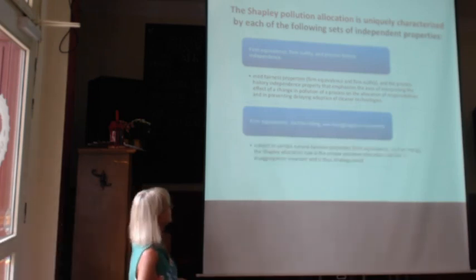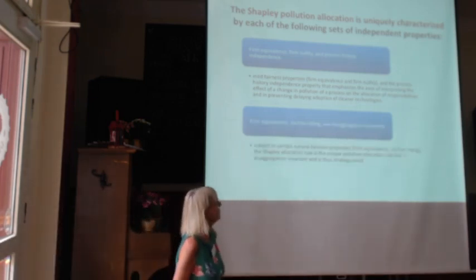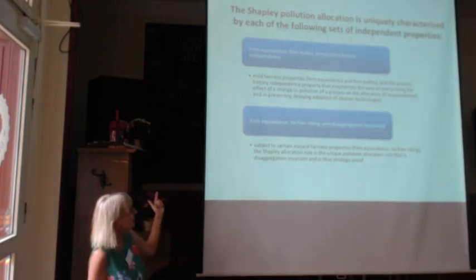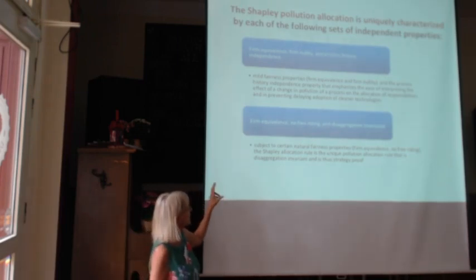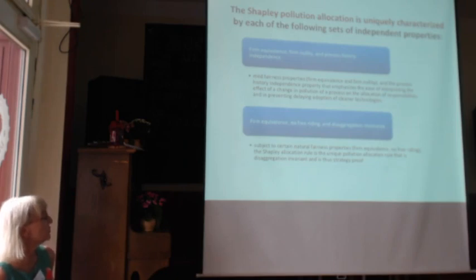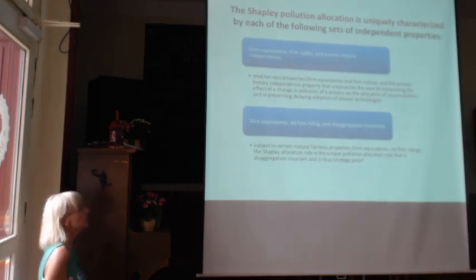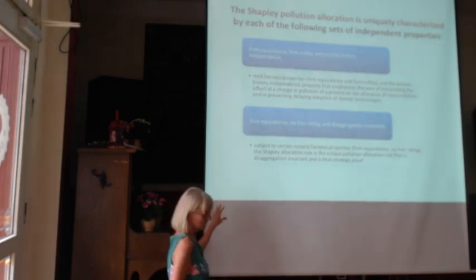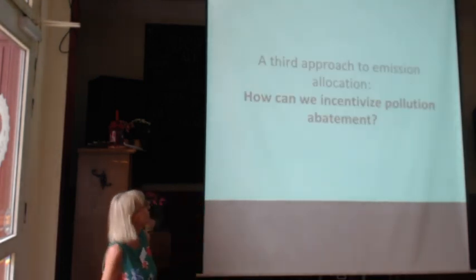And the second, also Shapley value is the only one that satisfies simultaneously firm equivalence, no free riding, and segregation variance. So again, we have some fairness and some incentive to prevent the gaming by the company in order to try to get a lower portion of allocation. Okay, so this was the second justification for using Shapley value.